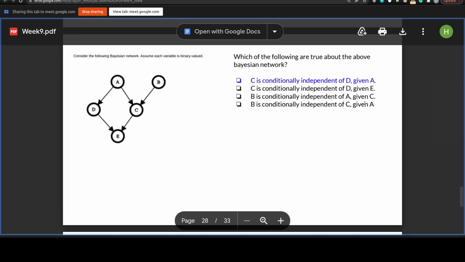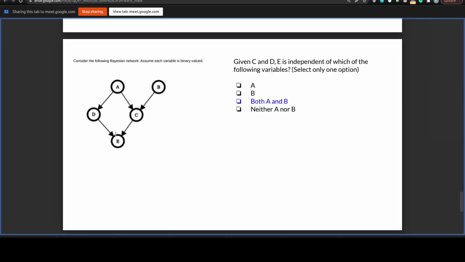So given C, D, and E, which of the following variables given C and D is independent of which of the following variables? If we are given C and D and E also, this is the probability of this particular part only.